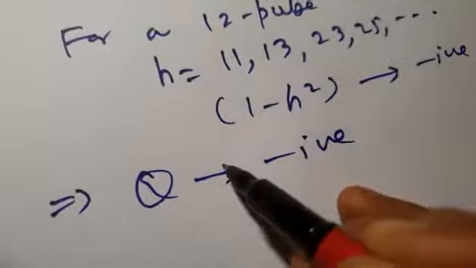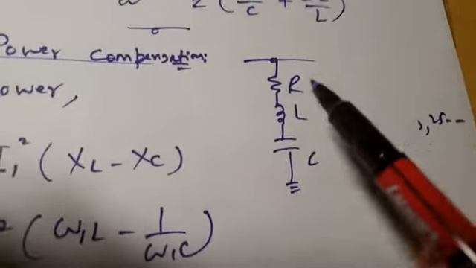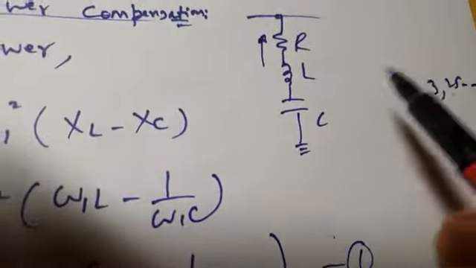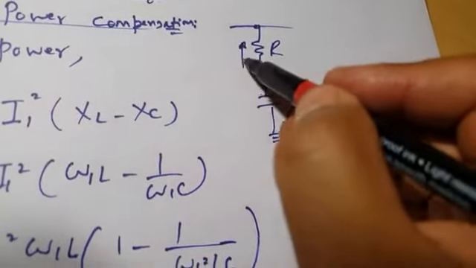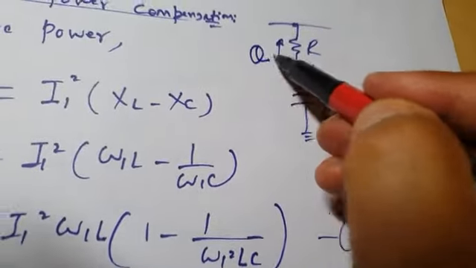And what does negative reactive power mean? Negative reactive power means that your single tuned filter generates reactive power. If reactive power had been positive, that would mean it is consuming reactive power. But negative reactive power means it is generating reactive power. It is injecting reactive power into bus Q1.